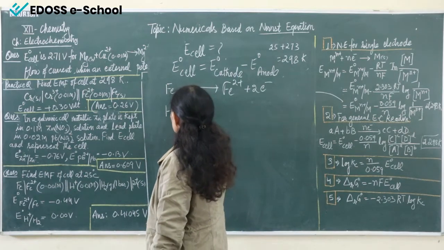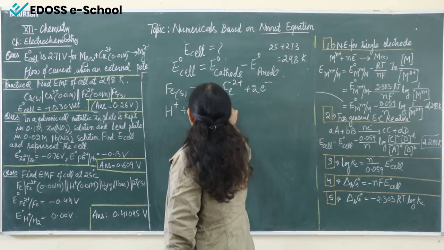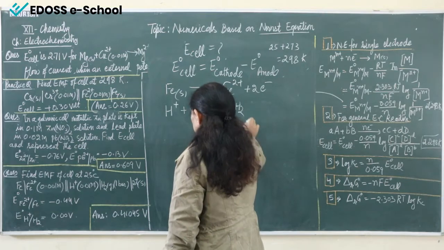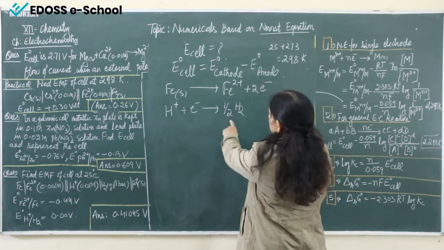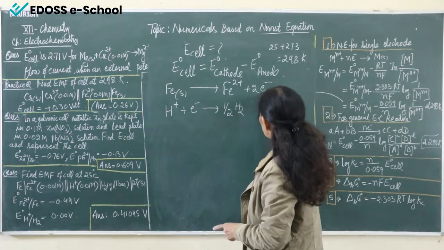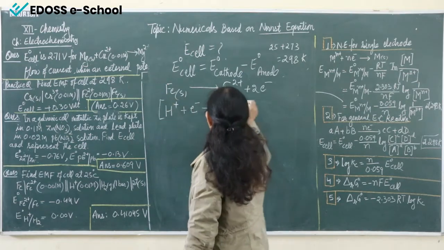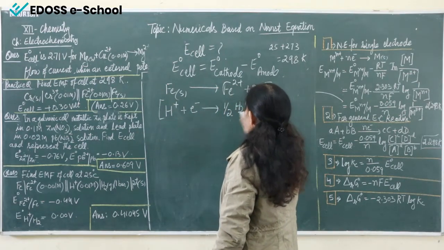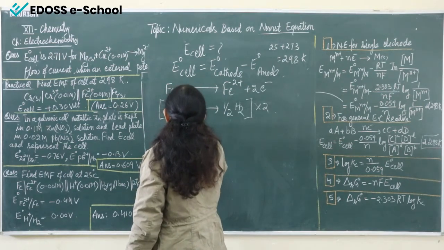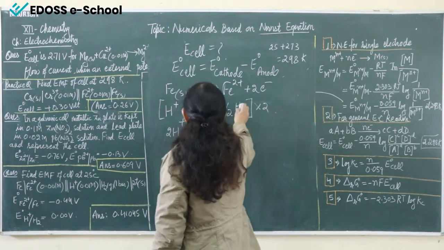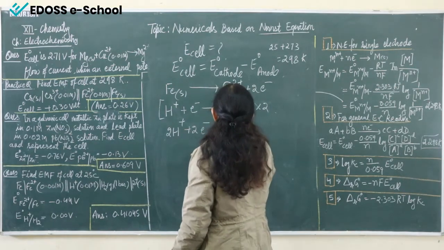H positive means it is accepting 1 electron and converting into half H2. Okay, now see here, we have to balance the reaction, because here 2 electrons are involved and here only 1 electron is there. So what we will do, this equation we will multiply by 2. So what will it be? This will be 2 hydrogen ion plus 2 electrons, and this will be now half H2.